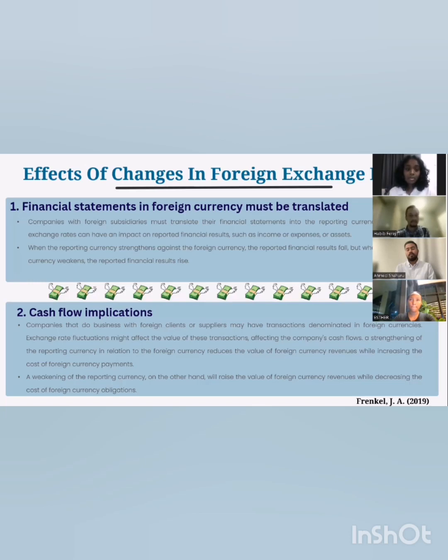Therefore, a strengthening of the reporting currency in relation to the foreign currency reduces the value of foreign currency revenues while increasing the cost of foreign currency payments. A weakening of the reporting currency, on the other hand, will raise the value of foreign currency revenues while decreasing the cost of foreign currency obligations.